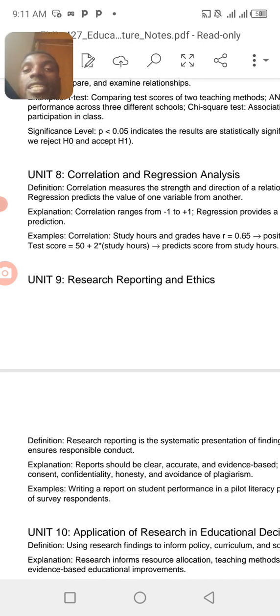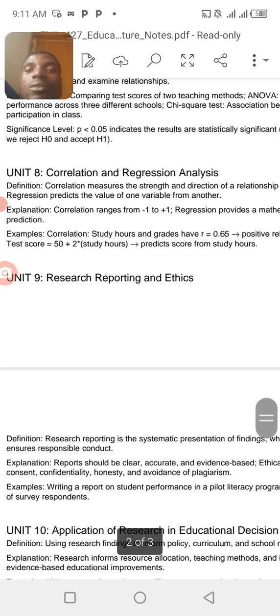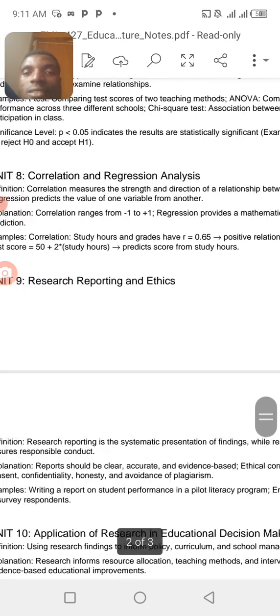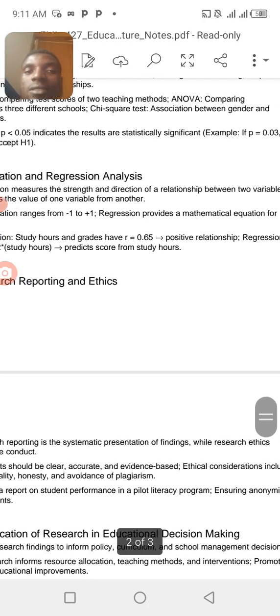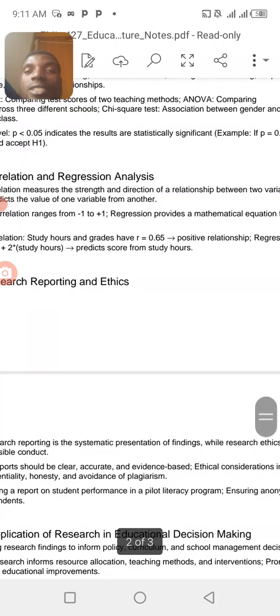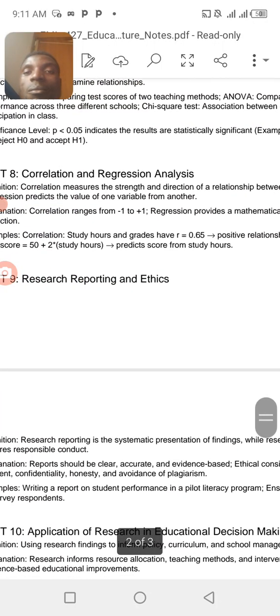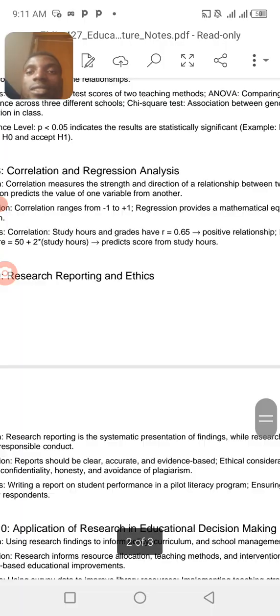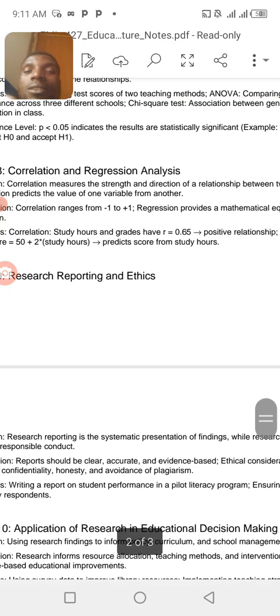That means we reject the null hypothesis, which is H0, and accept the alternative. Are you getting it now? We reject the null and accept the alternative.